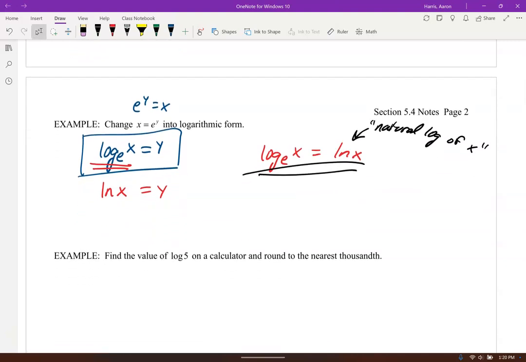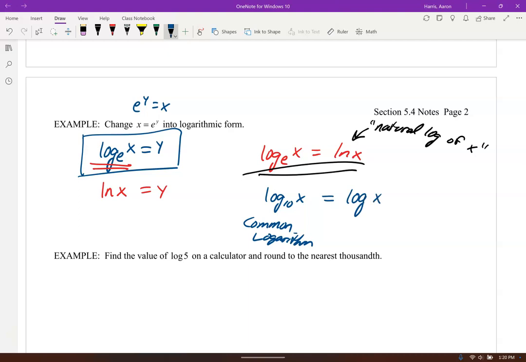Now we can also do logarithms on our calculators. Oh, there is another one I should also mention. That's another special logarithm, and that's log base 10 of x. That's called the common log. And the common logarithm, if they don't write the base, these are the same thing. Log base 10 of x is log of x.